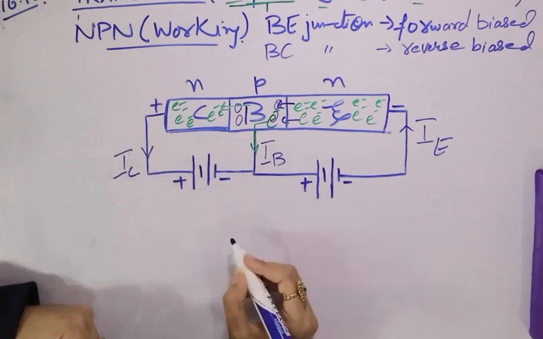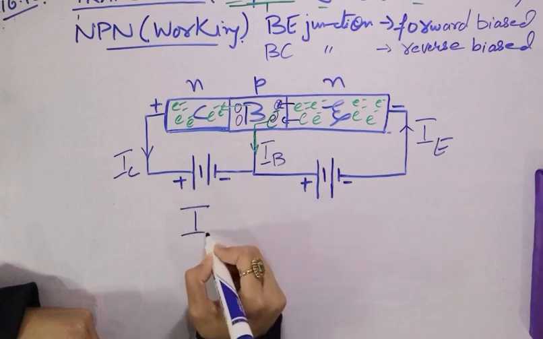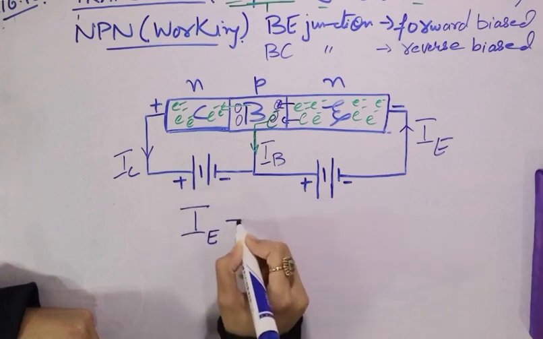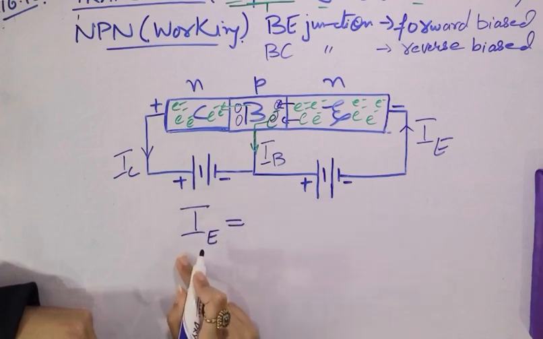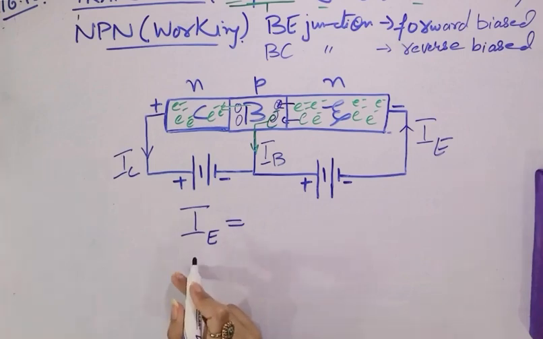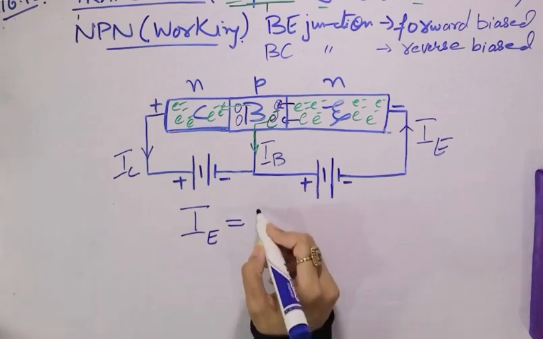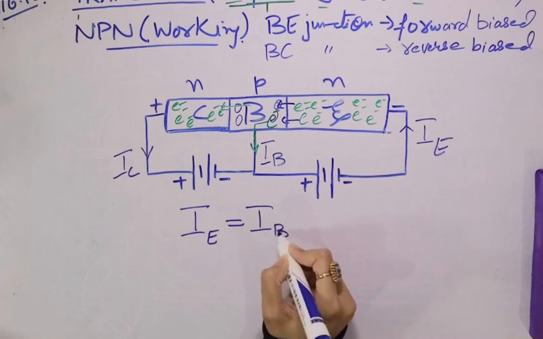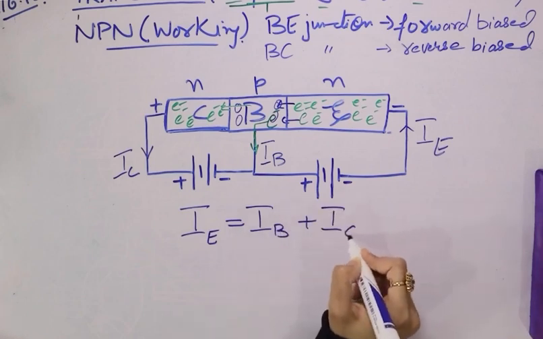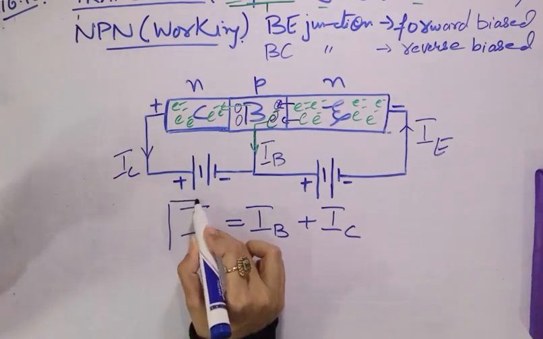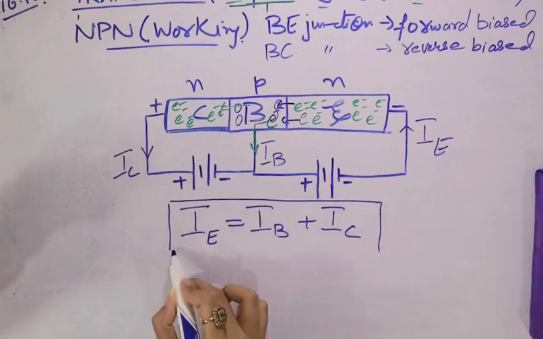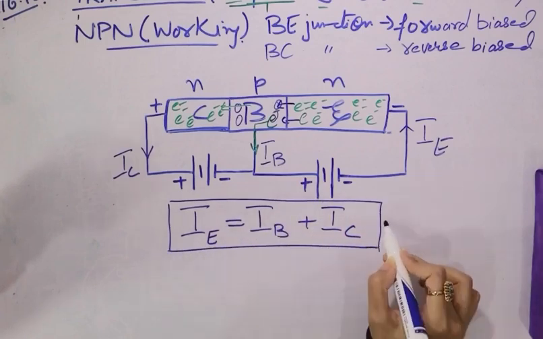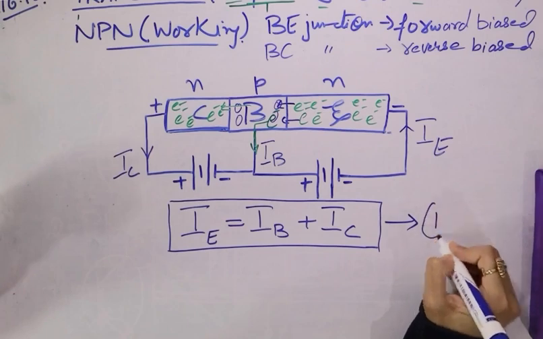So we can write the equation as: the entire emitter current, IE, is divided into 2 further currents, that is IB plus IC. This is your equation for the NPN transistor.